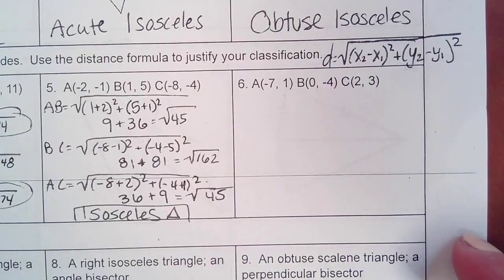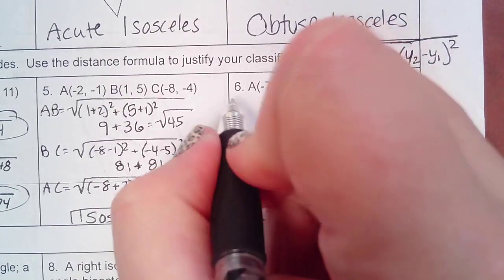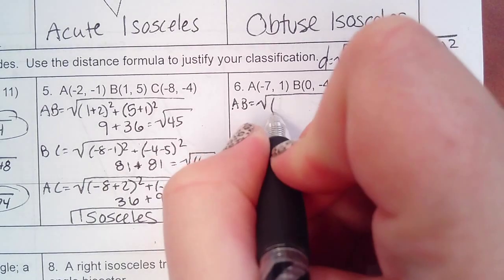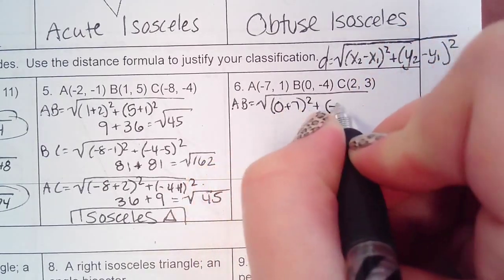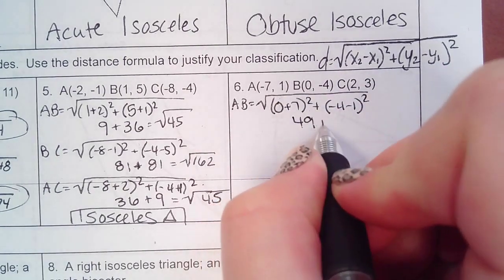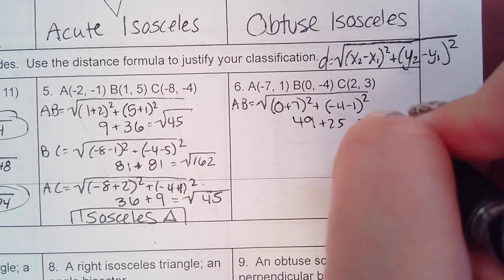Last one we'll practice here is our third triangle, finding the distance. We got AB. So 0 minus negative 7, so 0 plus 7 squared plus negative 4 minus 1 squared. So we have 49 plus 25. 49 plus 25 is square root of 74.